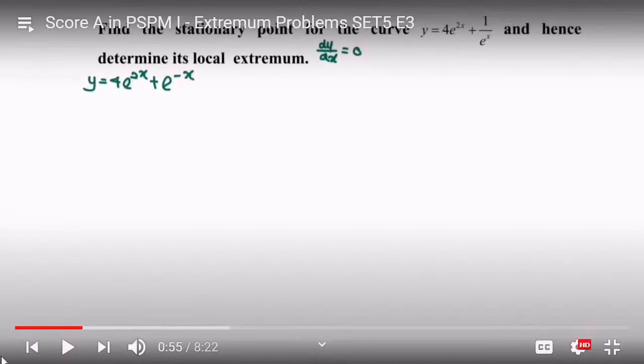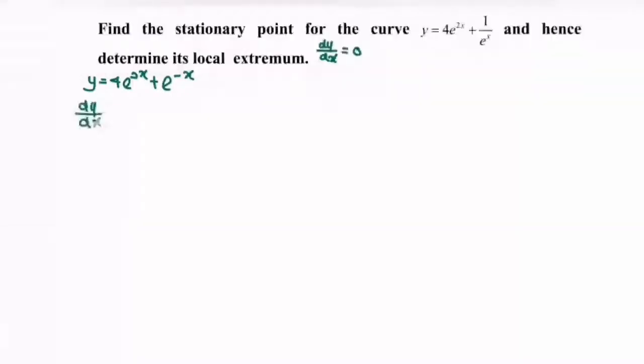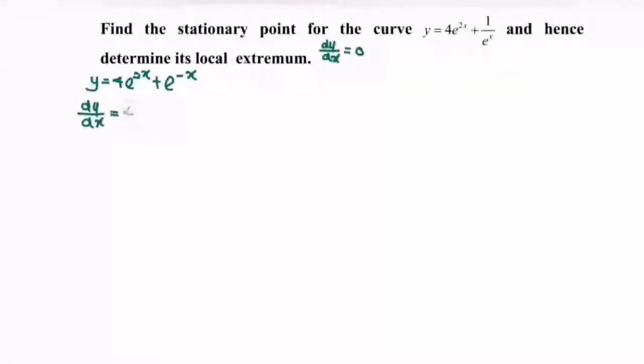So where we will have dy/dx equals 4. Differentiate the exponent. First, we need to copy the situation. Then focus on the power, which is 2x. Differentiate it, and we will obtain 2. Plus, differentiate the exponent negative x. We will have e^(negative x). Then focus on the power, and we will obtain negative 1.